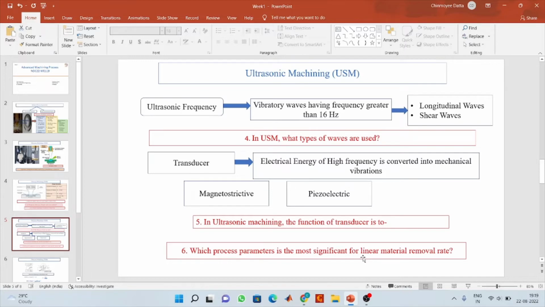We have seen that in ultrasonic frequency, the vibratory waves are created due to longitudinal waves, and this amplitude of vibration plays an important role in the material removal rate in the ultrasonic machining process. Okay, then moving to the next part.